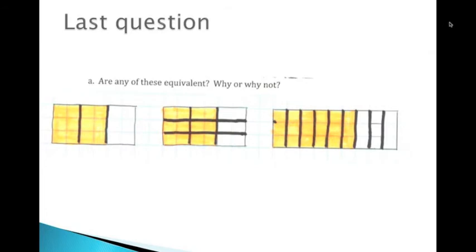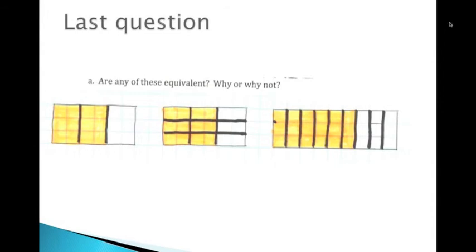And so the reason I put this up is because there is something to talk about here, I think. Just in the interest of time, if we were all sitting together, I'd have people make arguments for all of these alternatives. I would say that the 2/3 on the left and the 6/9 in the center are equivalent because they really cover the exact same amount of the same size rectangle.